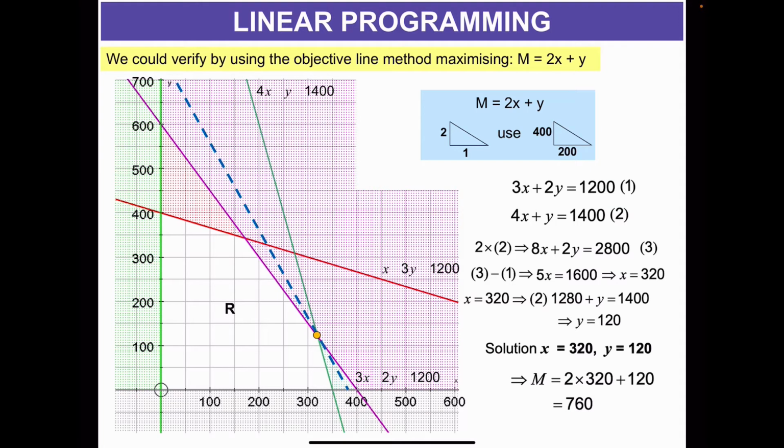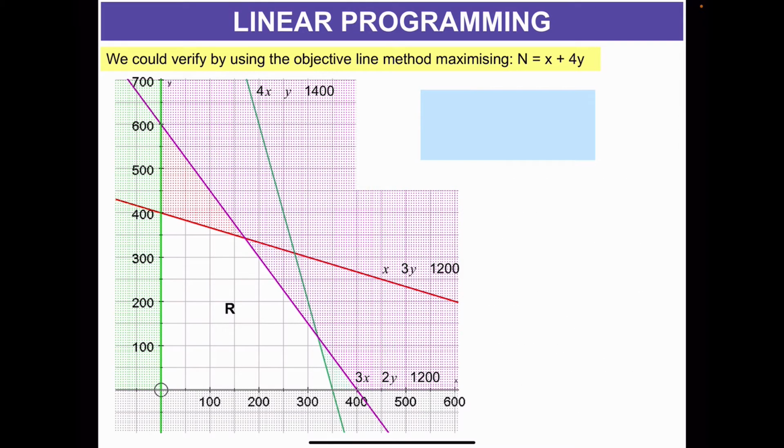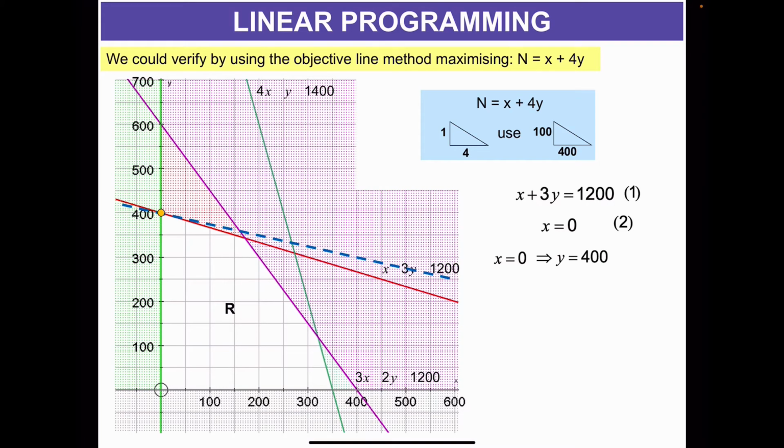And then the second one, if you maximize n, which is x plus 4y, again, first the objective function, and once you find it, move it away from the origin, then you find 0 and 400 are the coordinates of the point of the optimal solution, and when you plug it into the objective function, you get 1600 just as before.